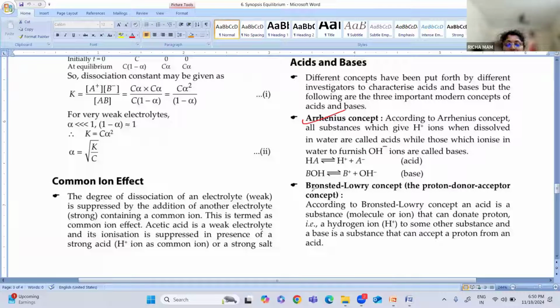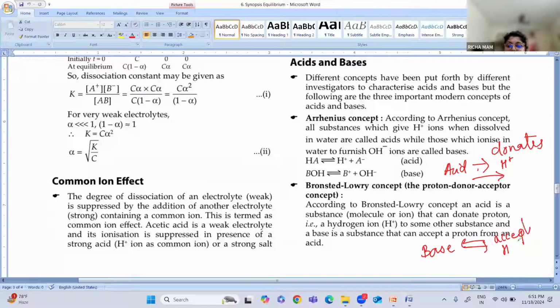Next is the Bronsted-Lowry concept, called the proton donor-acceptor concept. According to Bronsted-Lowry, an acid is a substance that can donate a proton, and a base is a substance which accepts a proton.